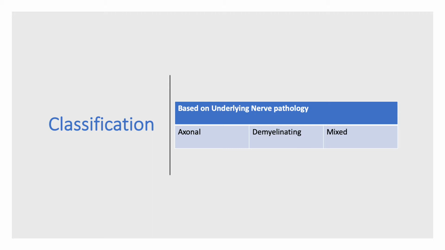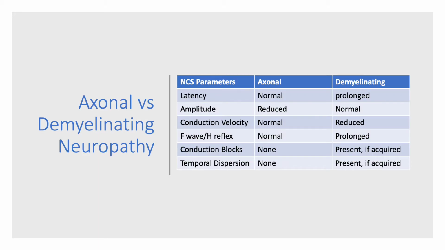So, Dr. Khanna, what do we mean by axonal and demyelinating neuropathies and how do we differentiate this? Can you please tell us? Sure. Yeah, I think this was a great way to classify neuropathy, especially for this lecture, as we are going to concentrate on EMGs. And let's look at what is axonal and demyelinating neuropathy on nerve conduction parameters.